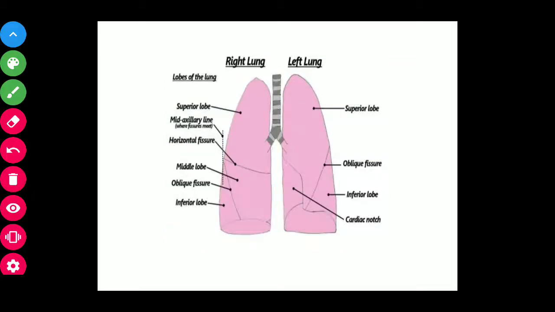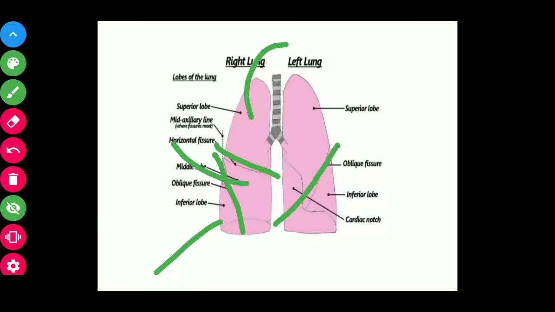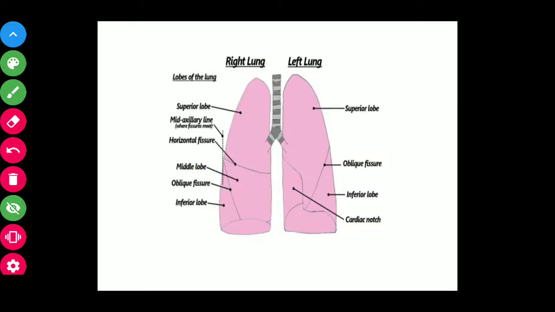You can see here the superior lobe, middle lobe and inferior lobe, divided by the fissures. The left lung has only 2 lobes.